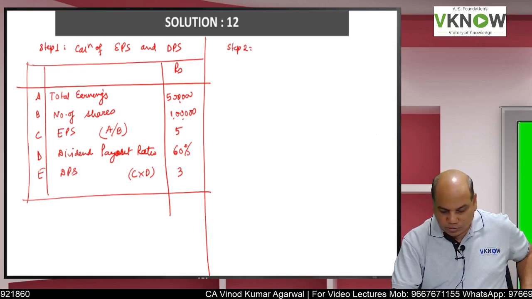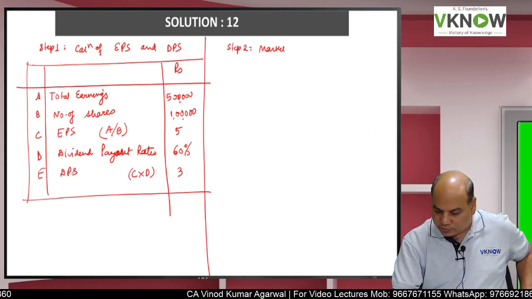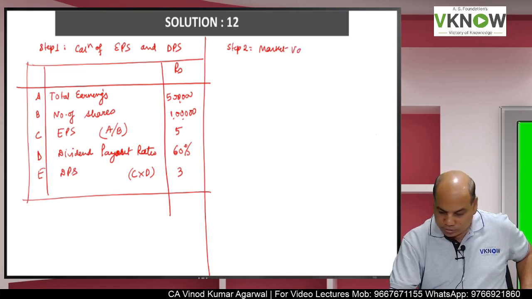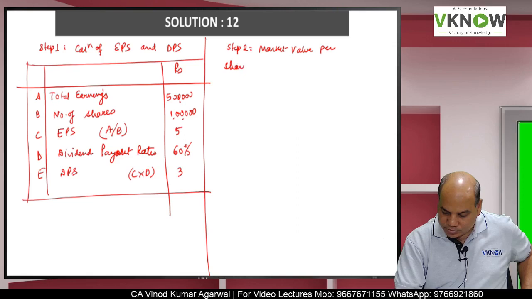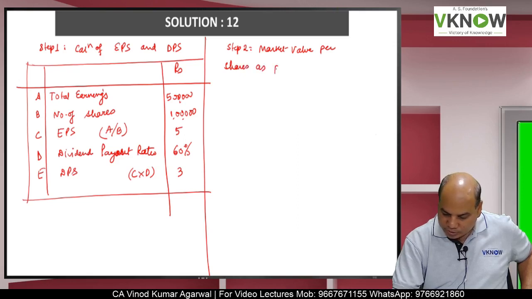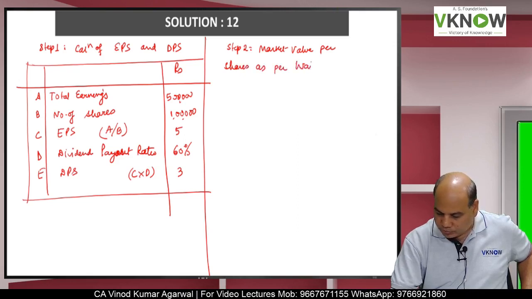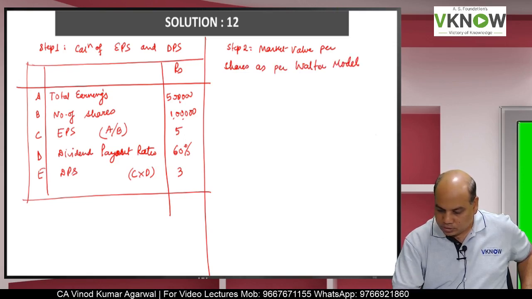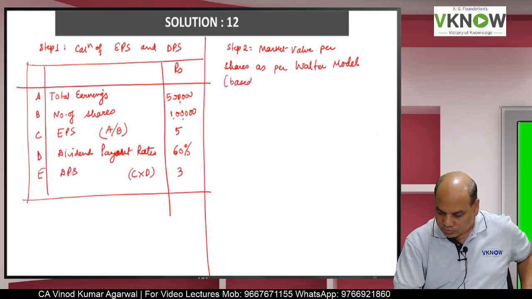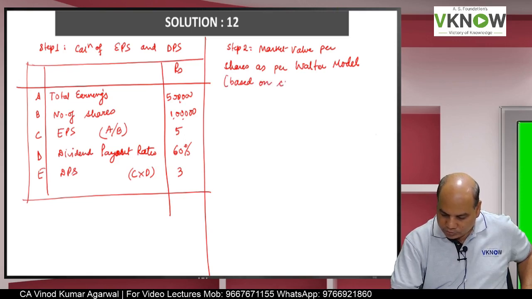The first question is, what is the market value per share as per Walter model, based on current dividend policy?